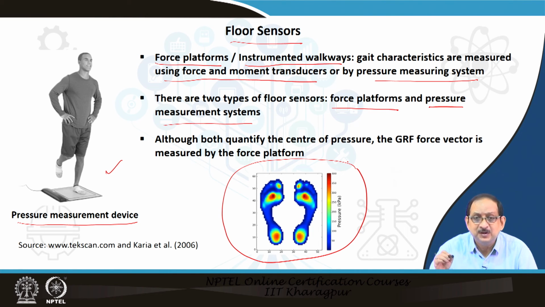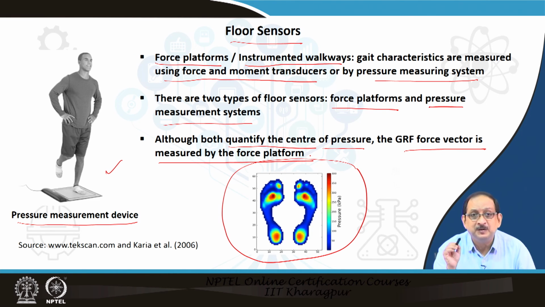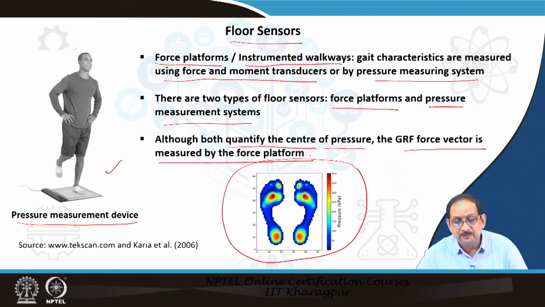These are different instances of the gait cycle, of course, only during the stance phase, because in the swing phase the foot is not in contact with the ground. Although both these sensors quantify the center of pressure, the ground reaction force vector is only measured by the force platform and not by the pressure measurement system.